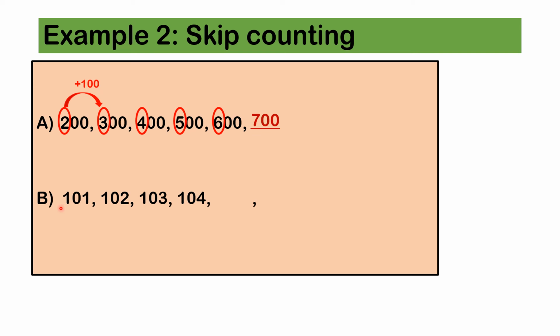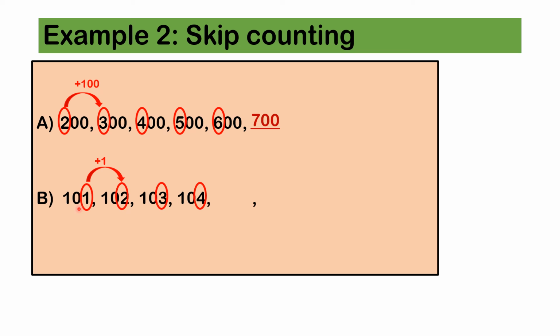We can see that the number in hundreds remains 1. As for the number in tens, it remains 0. There is a change in the number of ones from 1 to 2 to 3 to 4. This means we are adding 1 to each number.